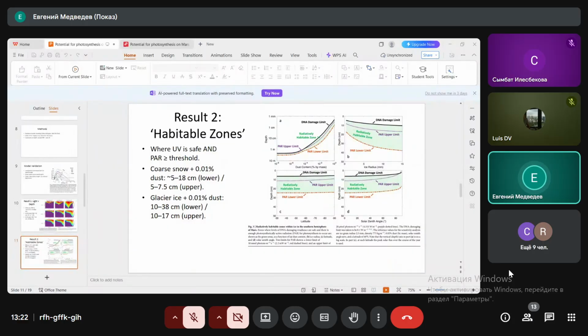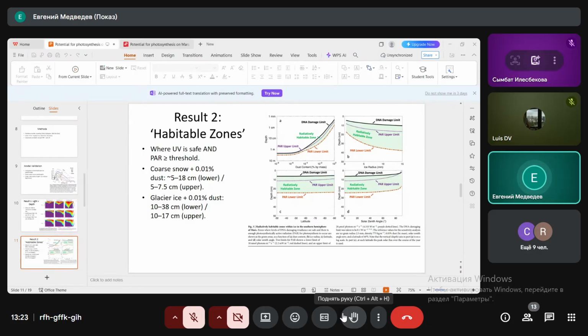This limit is conservative because numerous terrestrial organisms grow and survive under stronger DNA damage conditions. Additionally, it may be possible for organisms to mutate and adapt to thrive under strong DNA damage conditions, as is thought to have occurred in Archean Earth. So it's a reference for this article.